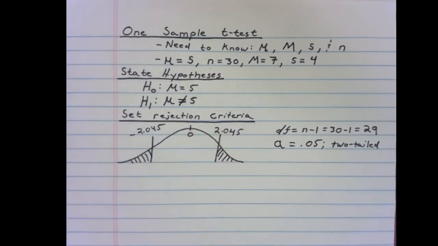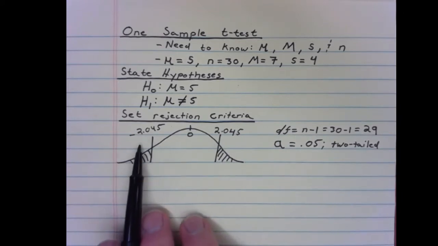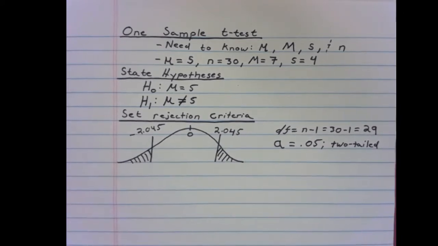So if we have an observed t statistic which falls either in this critical region or in this critical region, we would reject the null hypothesis. Now, we can state this quick and easy using absolute value to give us a verbal spelling of our rejection criteria.